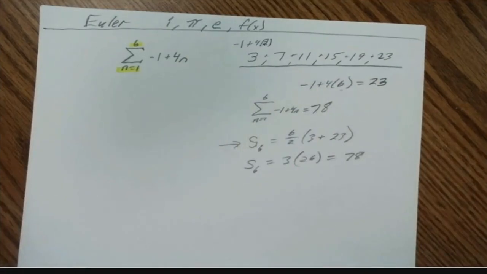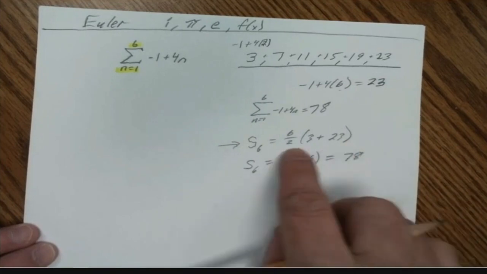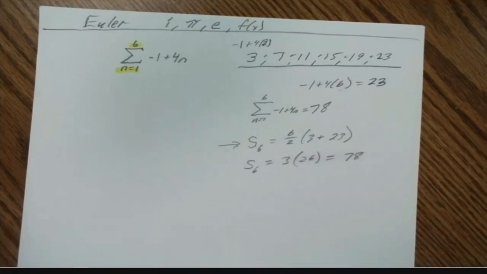Now, if we're summing up the first 25 terms, we probably would rather go back to our arithmetic series formula. Let me get the right page. I'm finding my geometric stuff.